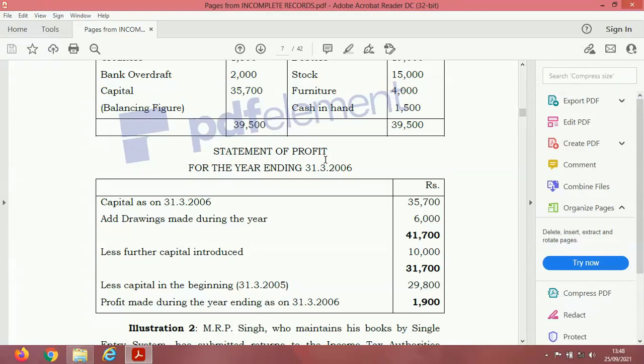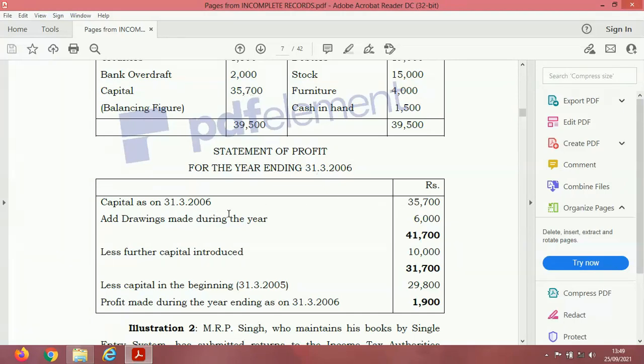You know how we prepare the statement of profit. Do we know, or am I simply assuming? We come with our capital at the end, 31st March 2006, which we calculated, and it is here, 35,700.